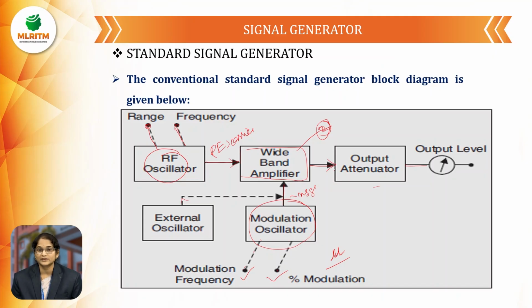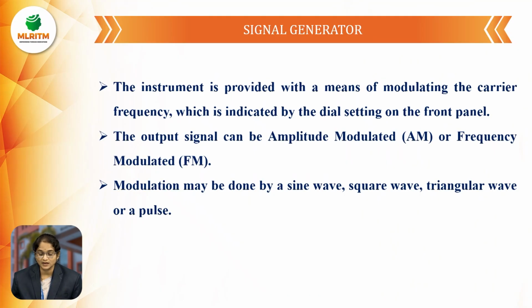Then we give it to the attenuator, which attenuates the signal from the wideband amplifier and gives it to the output. This instrument is provided with the means of modulating the carrier frequency, which is indicated by the dial setting on the front panel.